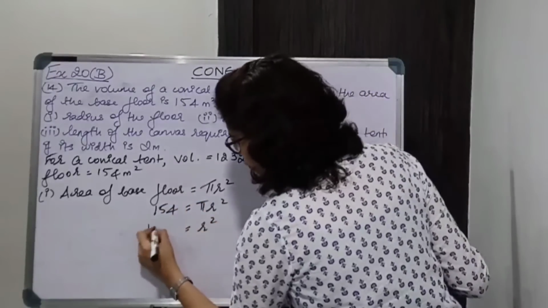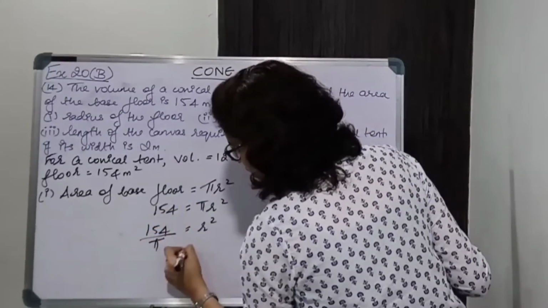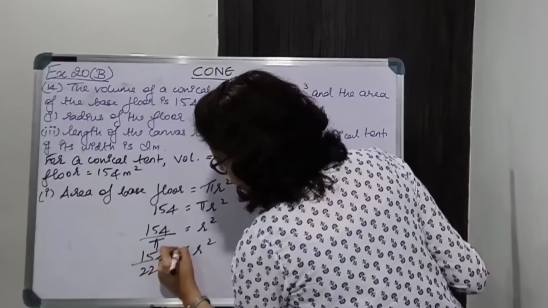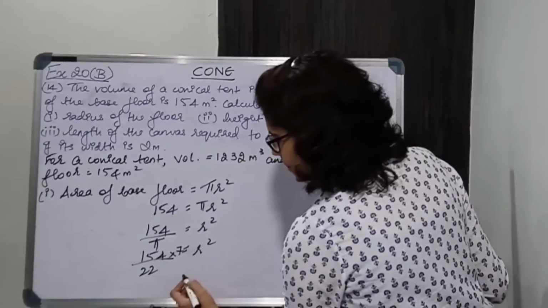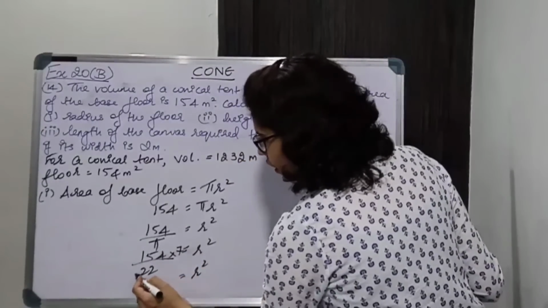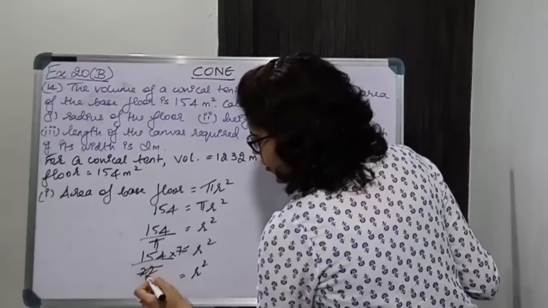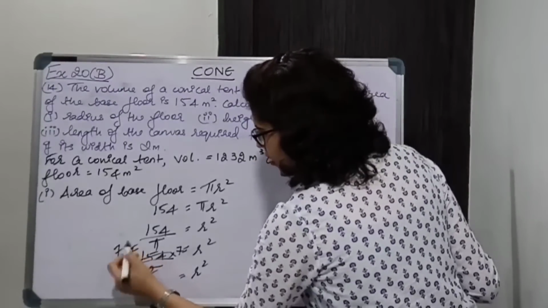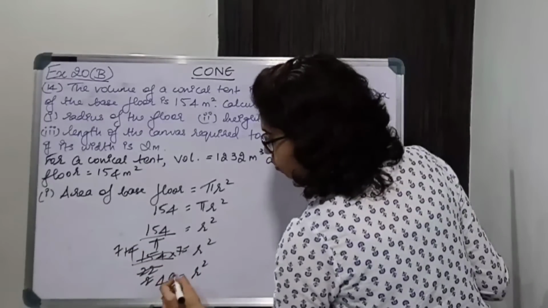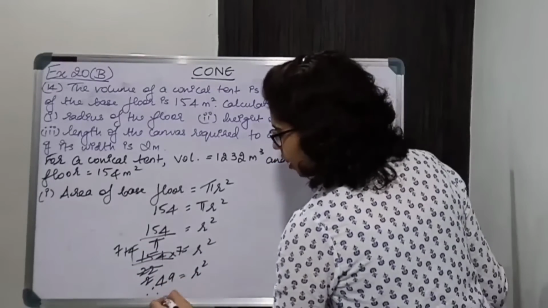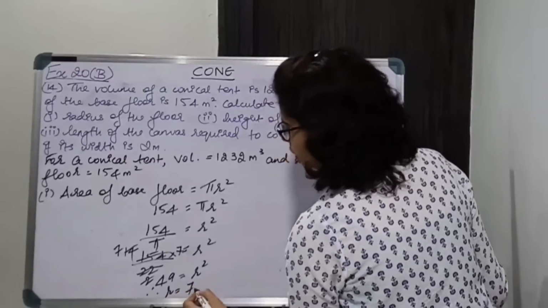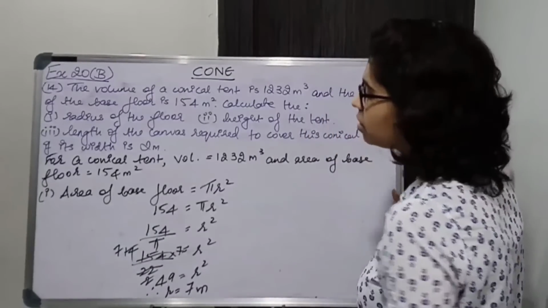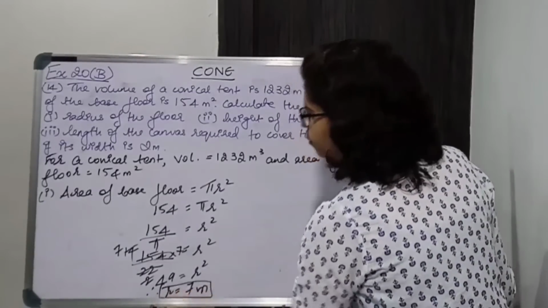R square is equal to 154 upon pi, that is 154 upon 22 into 7. 11 2s are 22, 7 into 7, that is 49. R square is 49. Therefore R is 7 meters. Taking square root on both the sides, you have to give the reason. So we found r in the first part.